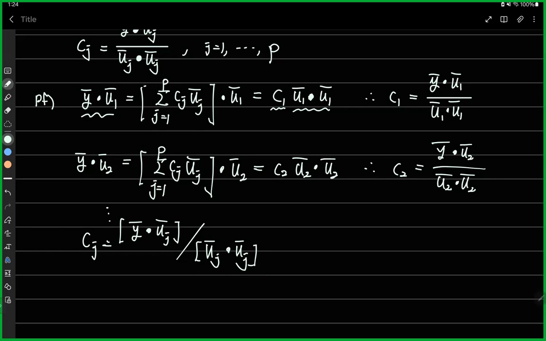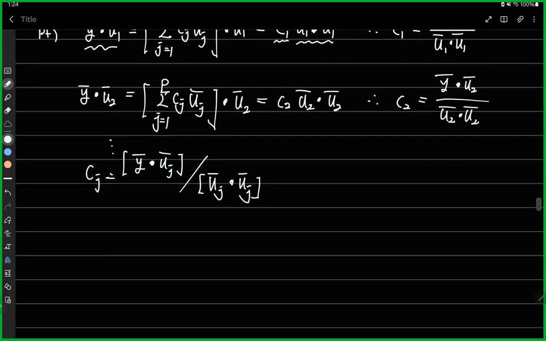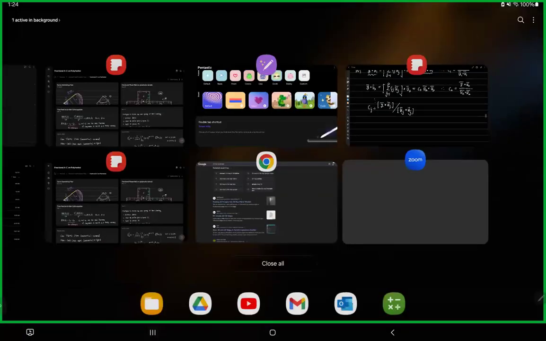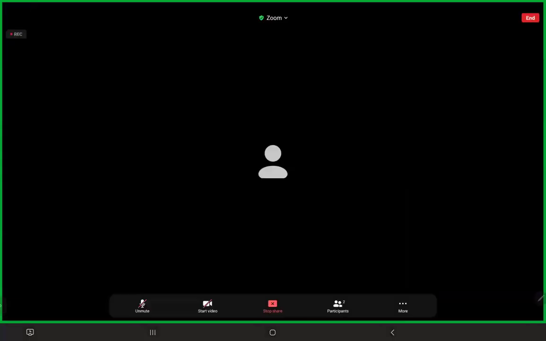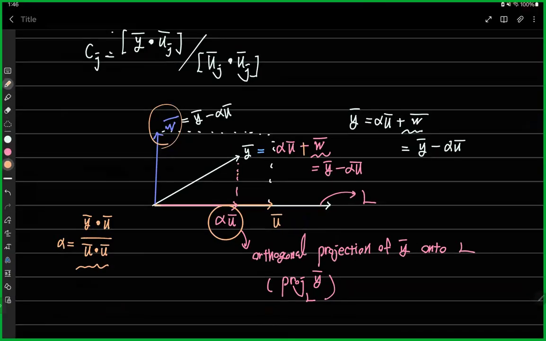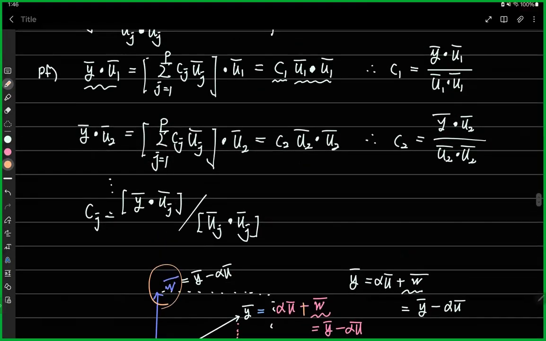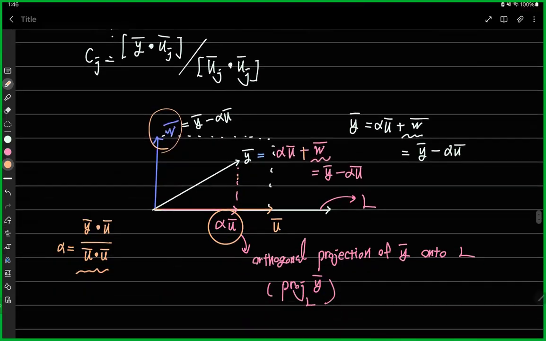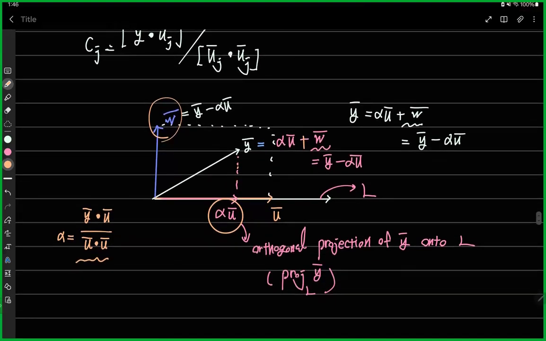What does that mean here? What does this one mean? We want to figure out the geometrical meaning of the dot product.